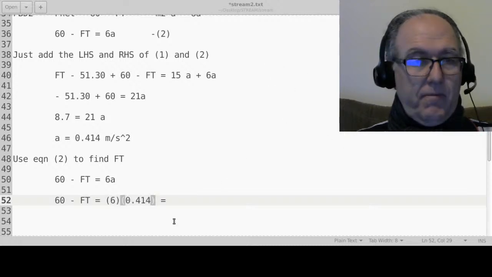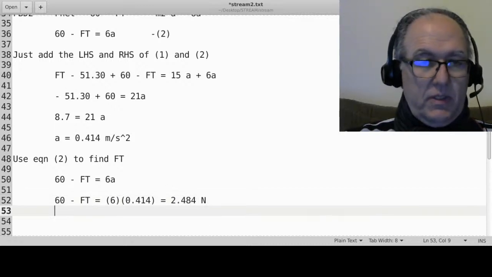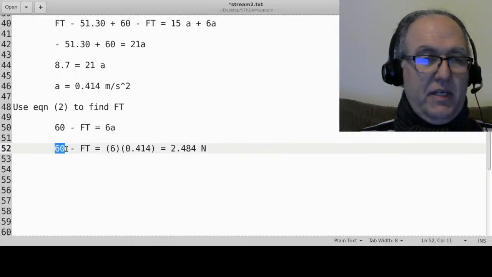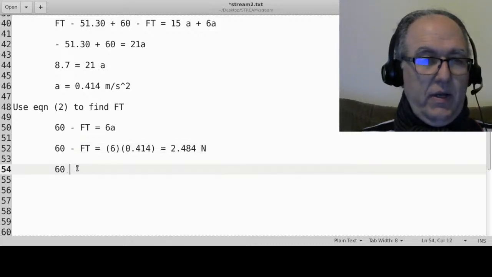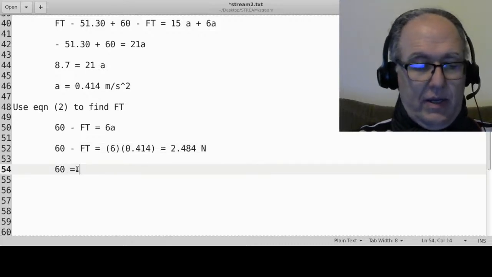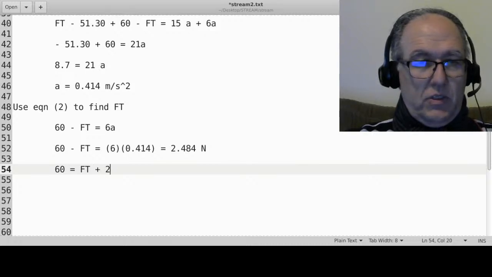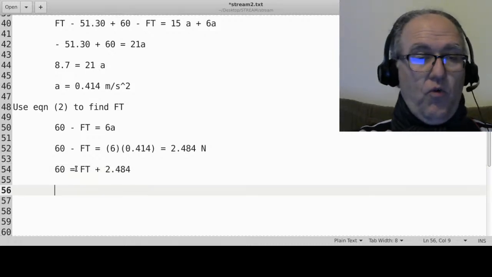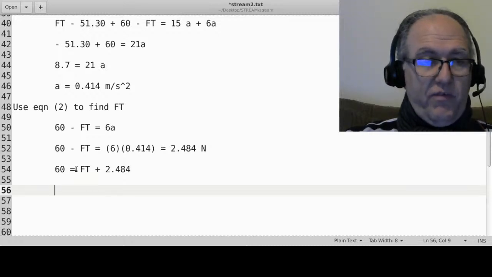It's equal to this. All right, and that's newtons. Okay, and then we have to add FT to both sides, so we'll just get 60 is equal to FT plus 2.484, and then we can subtract 2.484 from both sides.